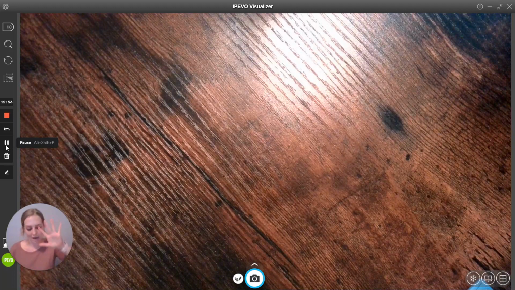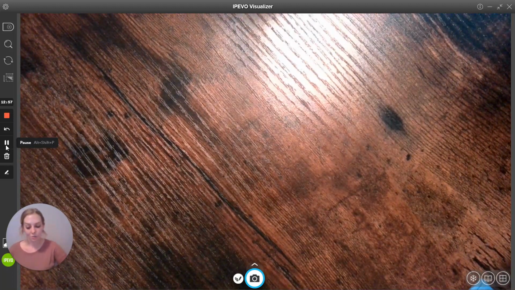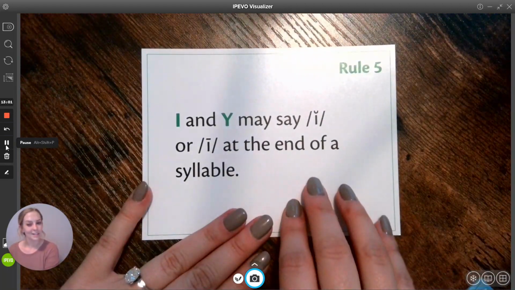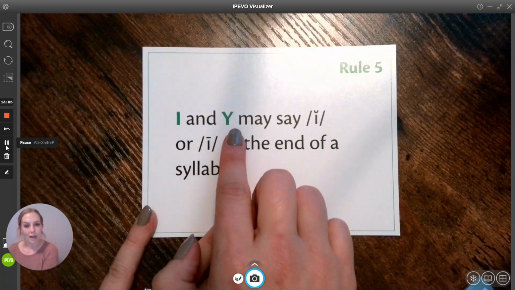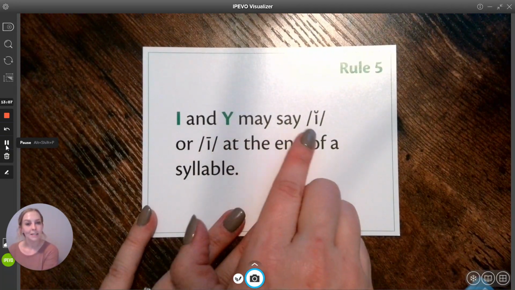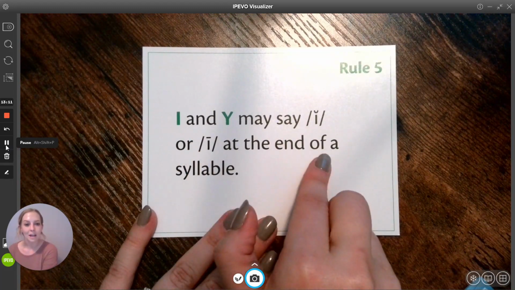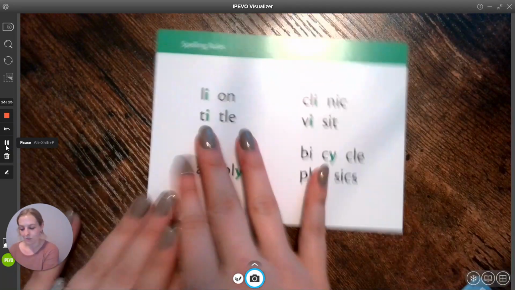Now let's do spelling rule 5. Do you remember that one? It talks about I and Y. Let's read it together. I and Y may say long I or short I at the end of a syllable. Good job. Some examples.